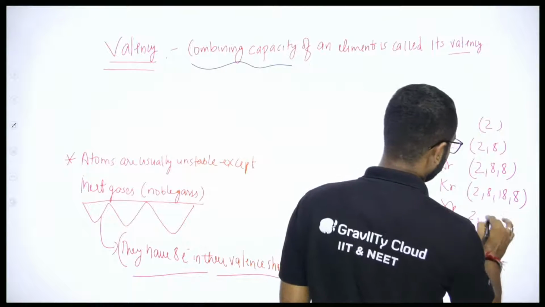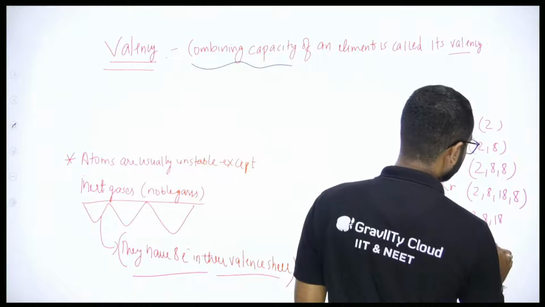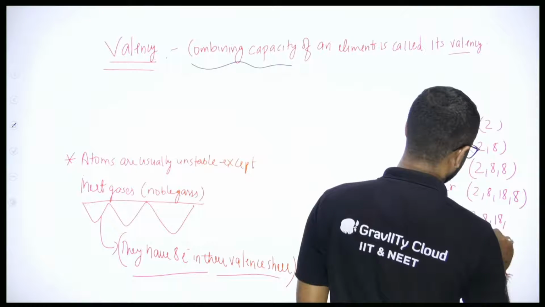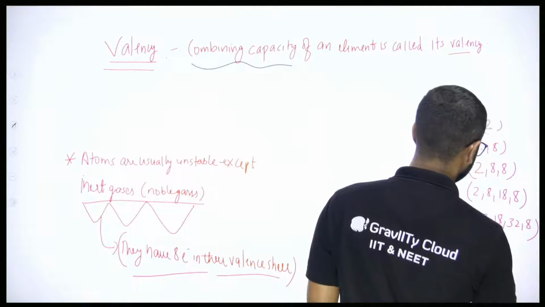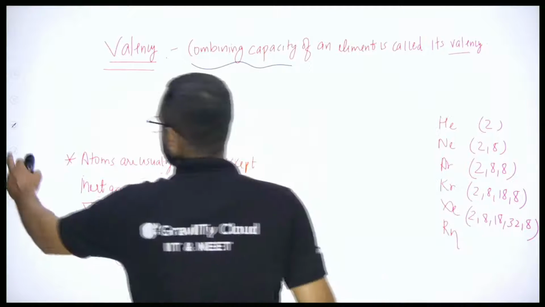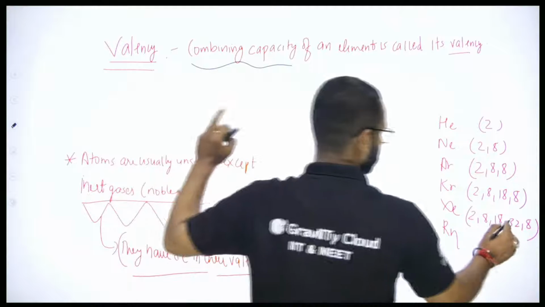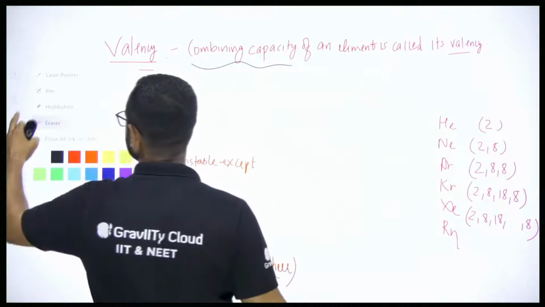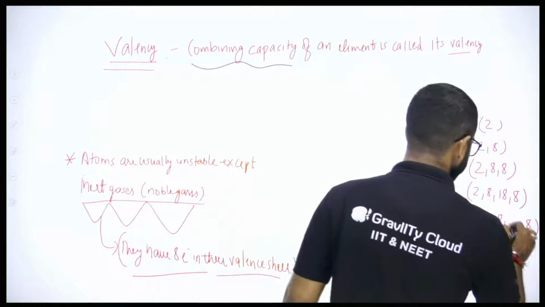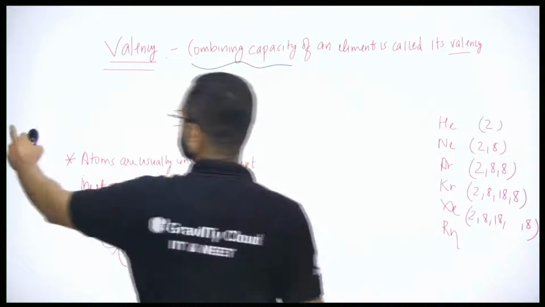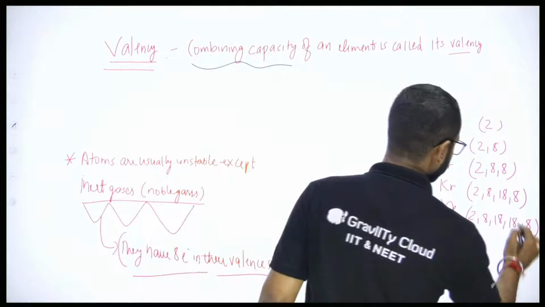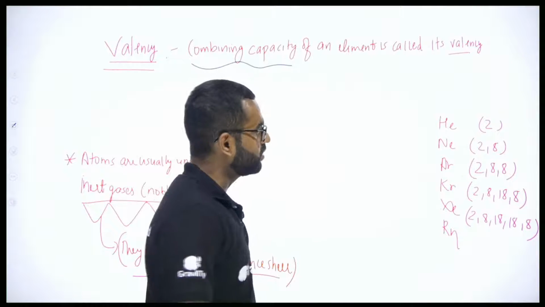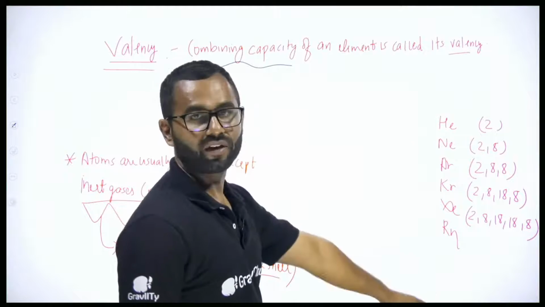Xenon has 2, 8, 18, 18, 8. Right? This is the configuration you see.